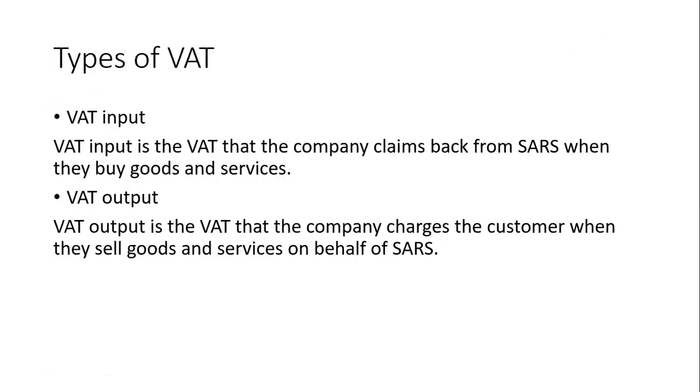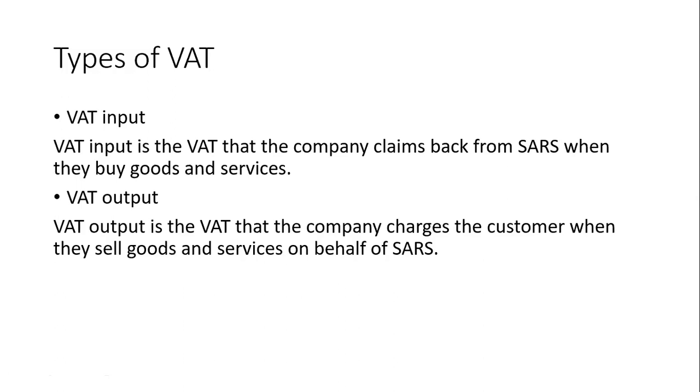So we have two types of VAT. We have VAT input and VAT output. VAT input is the VAT that the company claims back from SARS when they buy goods and services from their suppliers. So when the company buys goods, let's say they're buying stock, there is VAT input, right?